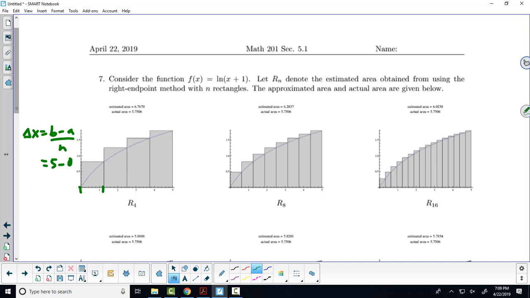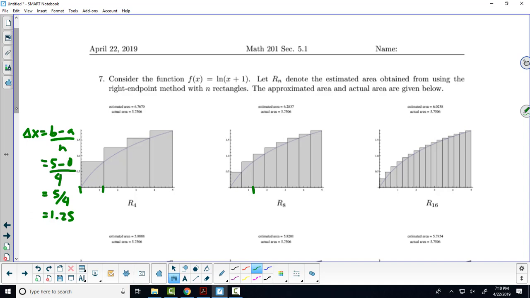I think it's 0. Okay, that's all right. All over how many rectangles? 4. So I think we get 5/4 or 1.25 is the width of each of these intervals. Notice that 1.25 shows up here. It also shows up here as the right endpoint of the second interval.